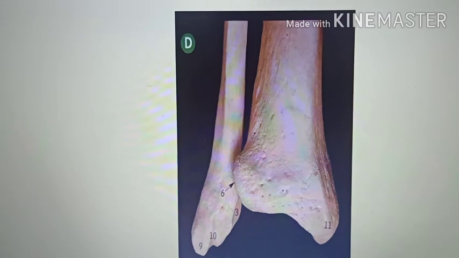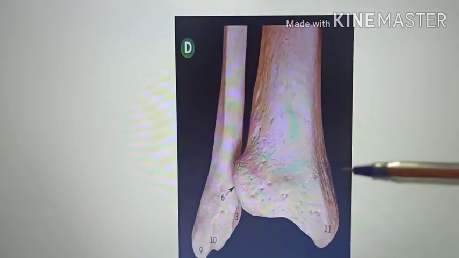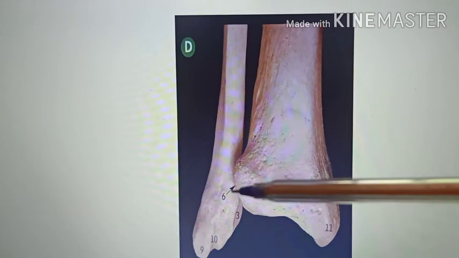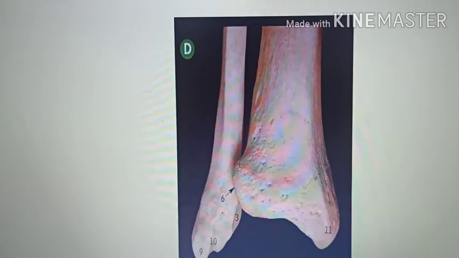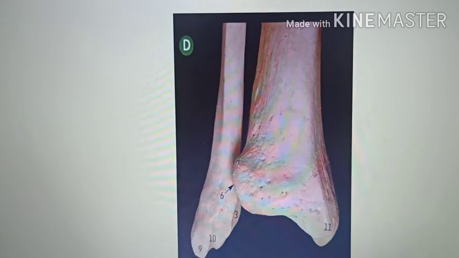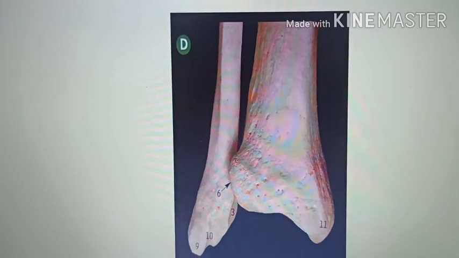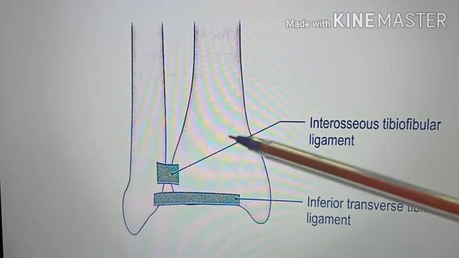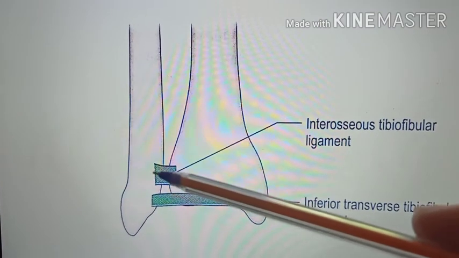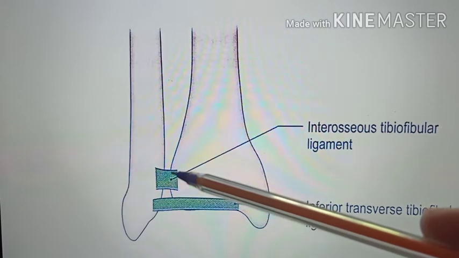The ligaments of the joint are the interosseous ligament, which will be attached to this rough surface, and then the anterior and posterior tibiofibular ligaments. Now coming to the interosseous ligament. This is the interosseous ligament.